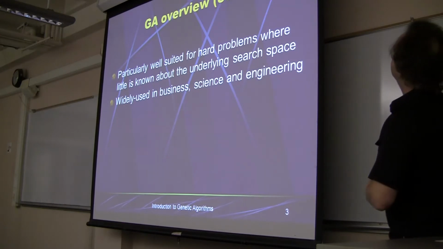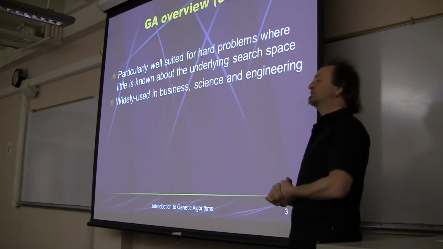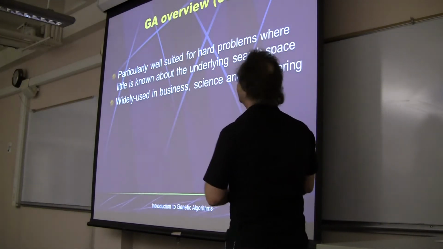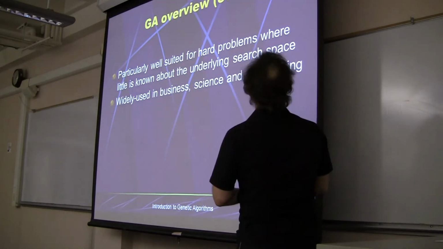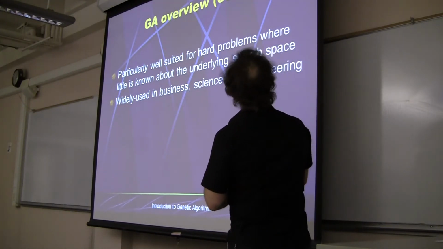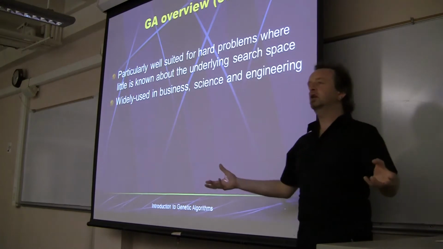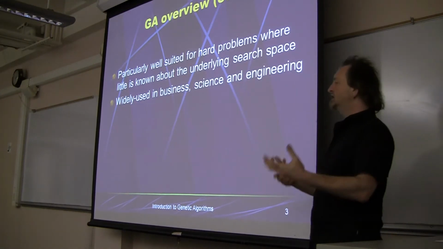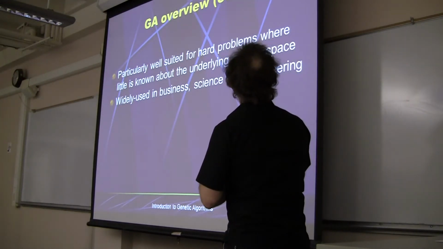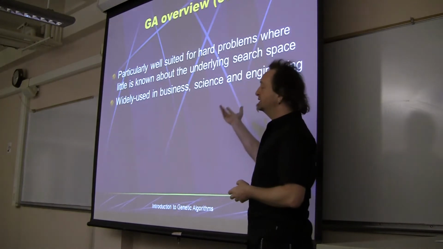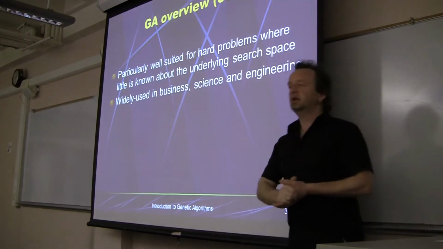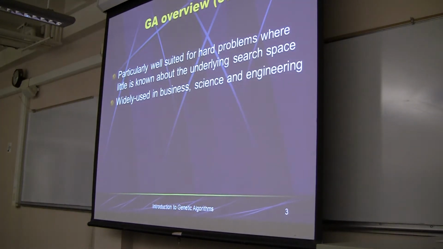They're very suited for hard problems, problems that we can't solve using traditional methods of search. They also work well if we don't know a lot about how to solve the problem. They are now a standard technique in business, science and engineering to solve problems.